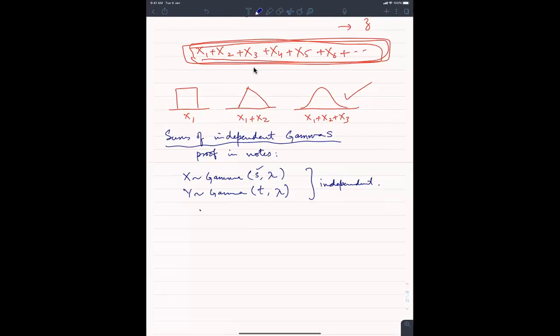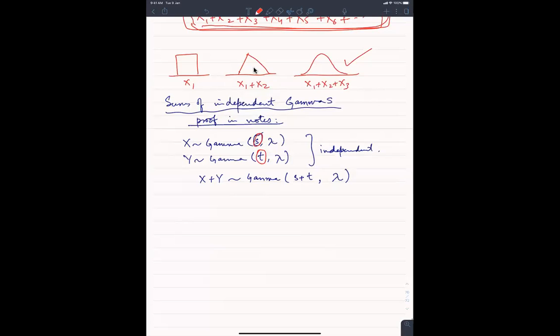then we can show, which is given in the notes, that x plus y is also a gamma with parameter s plus t, lambda. And this is not surprising. देखें, यूं से देखें कि पहले हम s इवेंट्स का इंतजार कर रहे हैं विद पैरामीटर लैम्डा, और फिर t इवेंट्स का इंतजार कर रहे हैं विद पैरामीटर लैम्डा. अगर दोनों को हम सम कर दें तो रियली we are waiting for s plus t events, both with the parameter lambda.